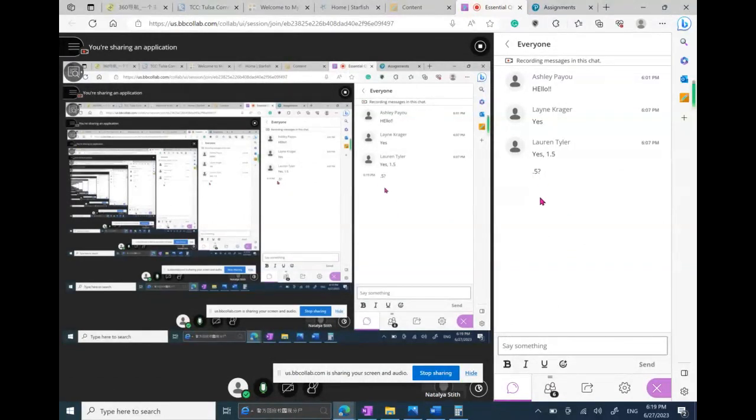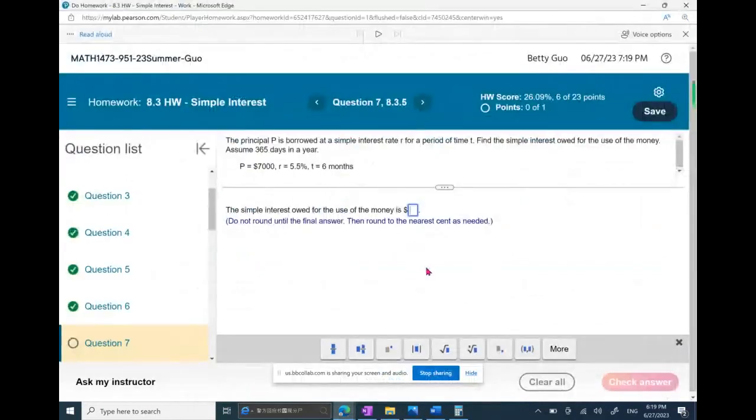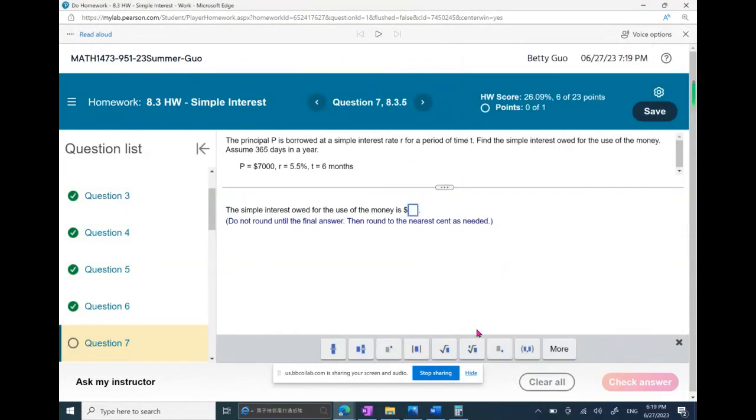We multiply by half, or 0.5, exactly. T is 6 months. Be very careful. It is 6 months, but remember T is the time in years. We must multiply by the year. So multiply by 0.5. 192.5. 192.50, right? Yeah, nearest cents.